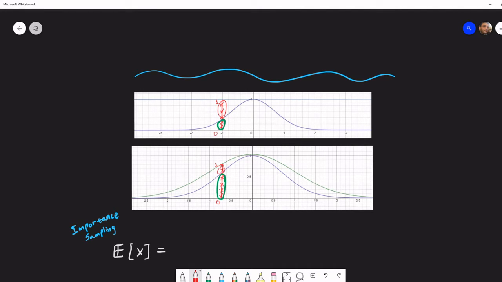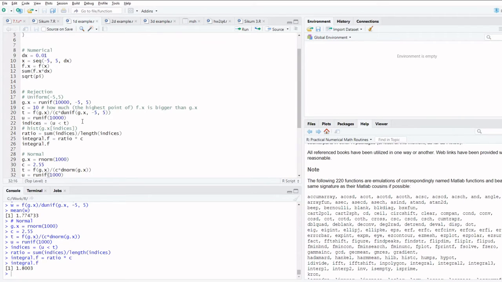So rejection sampling can be very, very wasteful of the points that you draw if you are not careful to have a proposed distribution that fits the actual function that you are trying to calculate. We can see this also in the ratio.